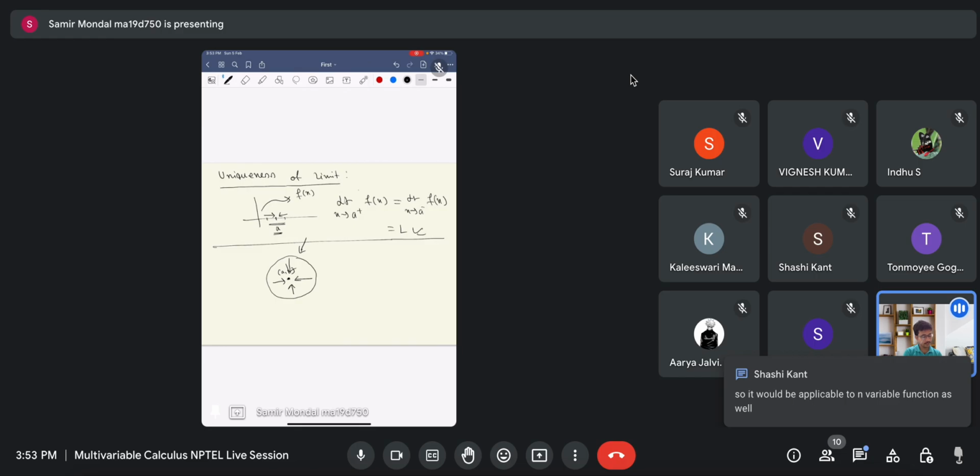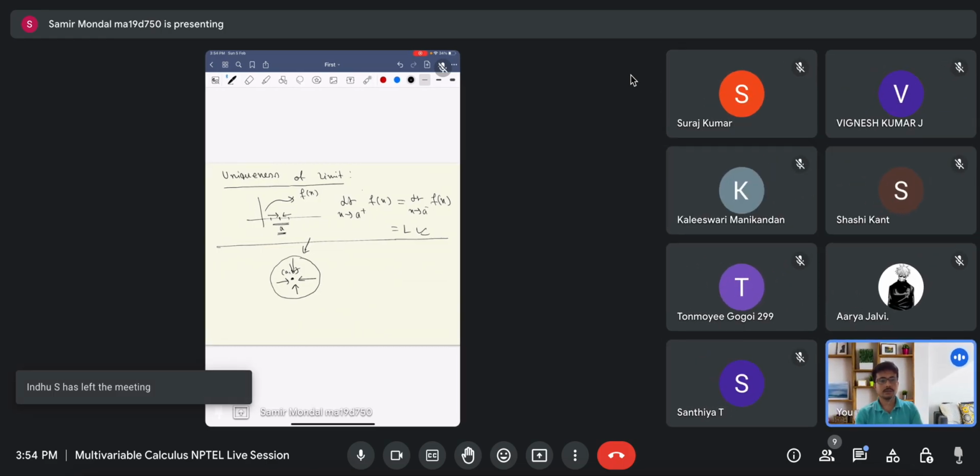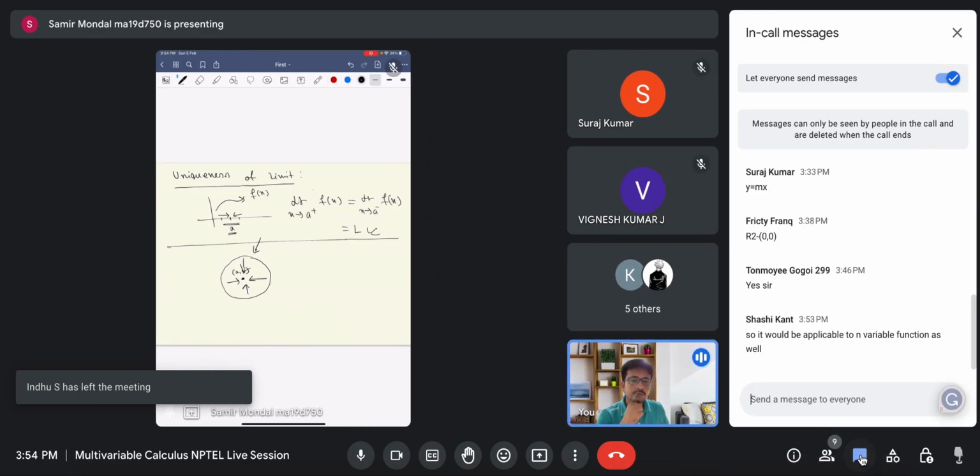So from here, in the opposite direction we can get it like that. Someone, please tell me what your question is. The question is, would it be applicable to an n variable function? Yes, it is also applicable for an n variable function.